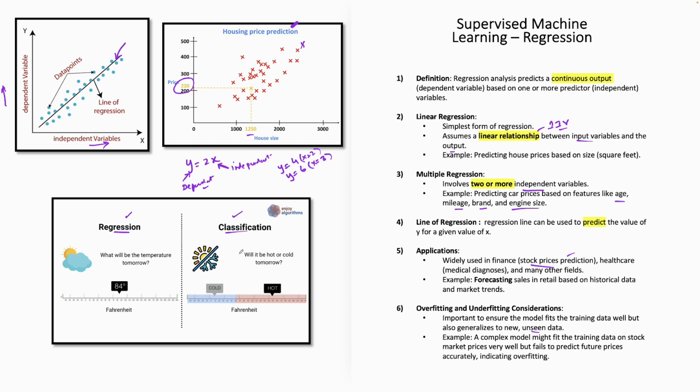Regression, as we said, predicts a continuous output. So what will be the temperature tomorrow? You're doing weather forecasting on a continuous basis. That's why we call it regression. So remember, regression analysis predicts a continuous output. You get the value of the dependent variable based on one or more independent variables.